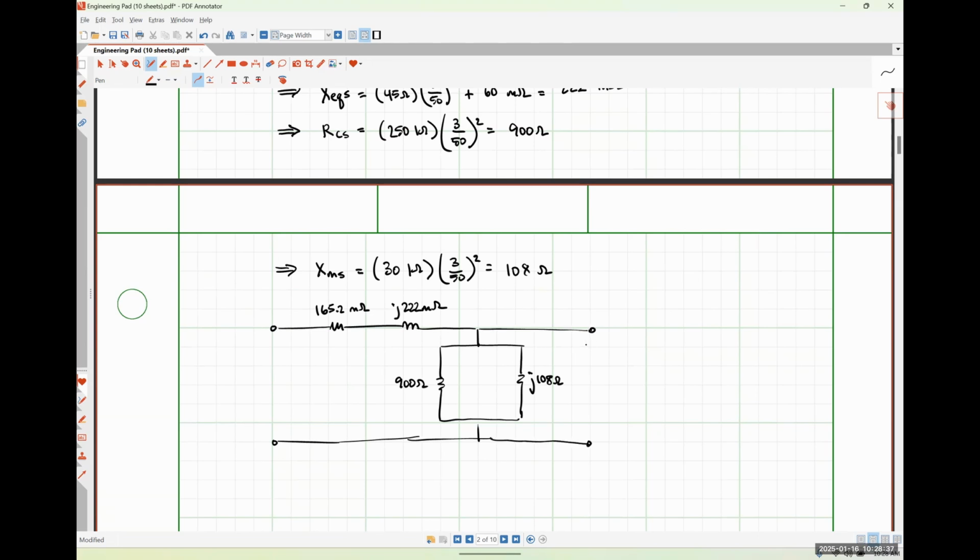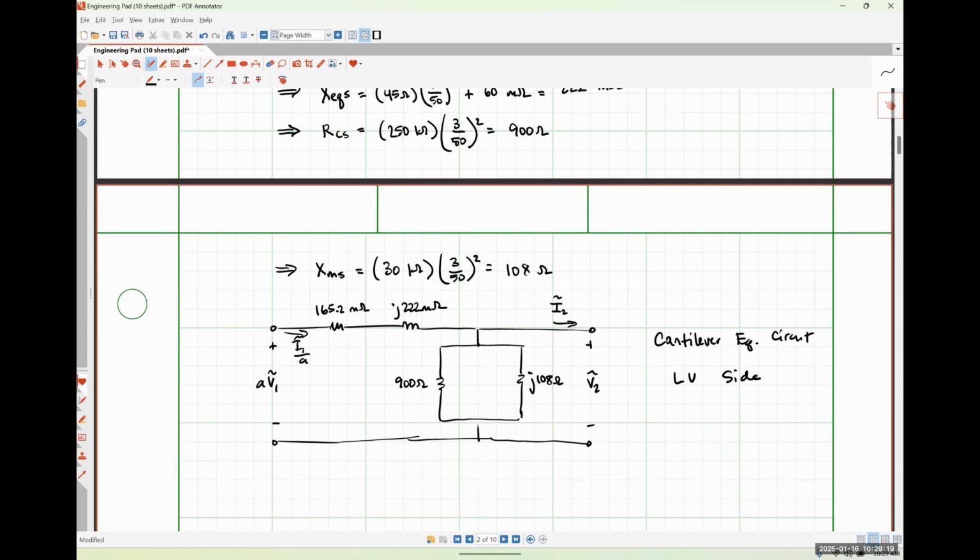We're going to have our voltage V2 over here, our current I2 over here. This should be AV1, and this should be I1 over A. Just as a quick heads up, cantilever equivalent circuit, low voltage side. Okay.